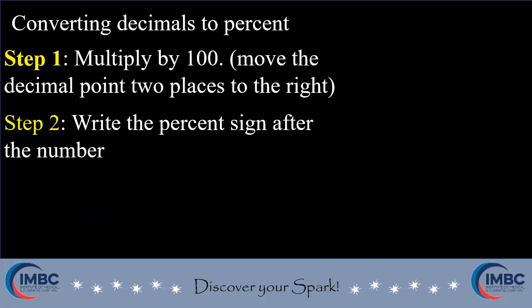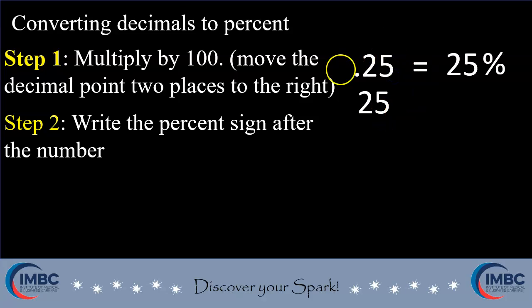Let's take a look at this. So we have 0.25. We're going to multiply that by 100, so that means we take this decimal point, we move it over, and so it's going to equal 25, and then write the percent sign. So 0.25 equals 25%.